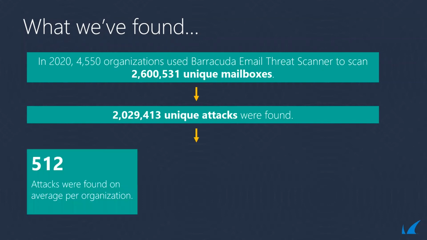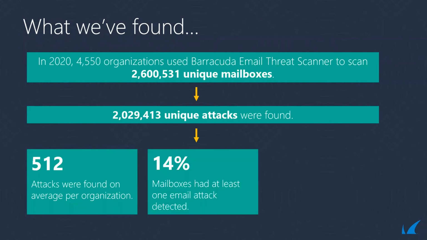On average, there was about 512 attacks per organization. In that, there would be 14% of all mailboxes that had at least one attack detected, which roughly translates into around 1 per mailbox.